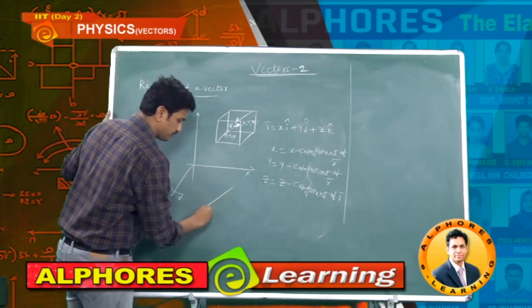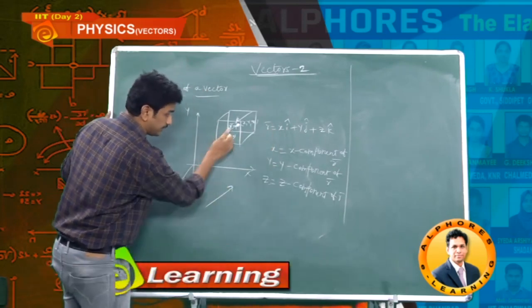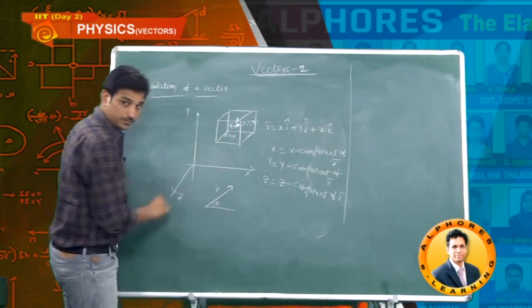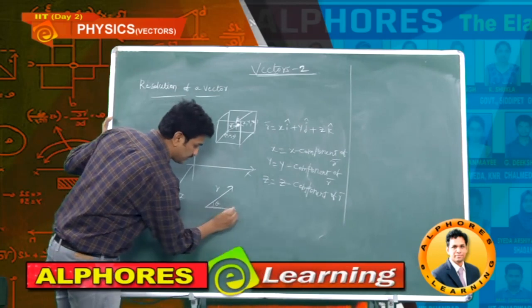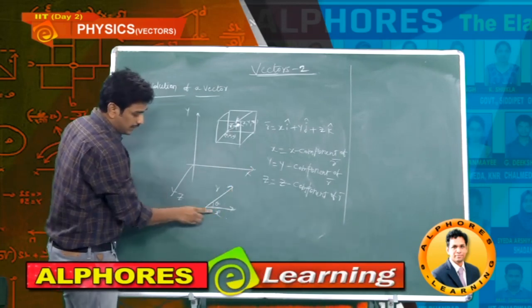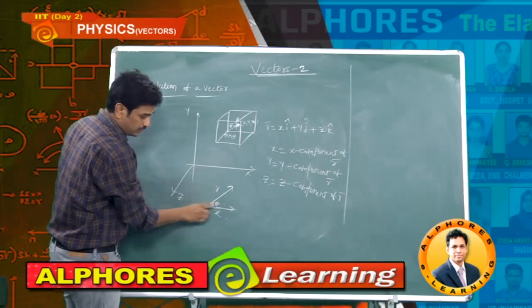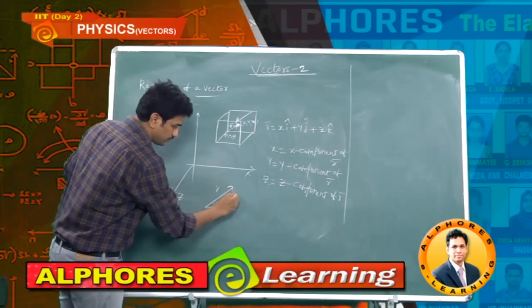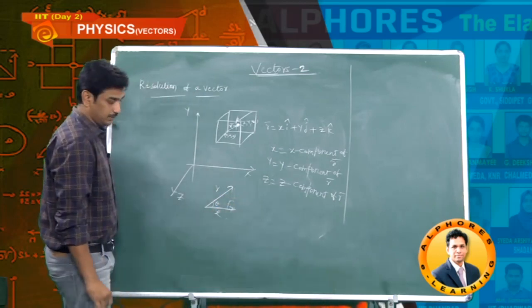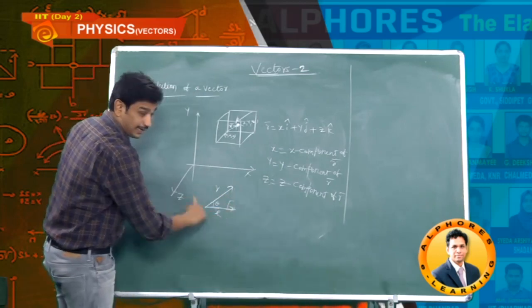Here, suppose I am writing R, this is theta. What is the x component? X component of R is x. Now, dotted line, 90 degrees, theta, right angle triangle.